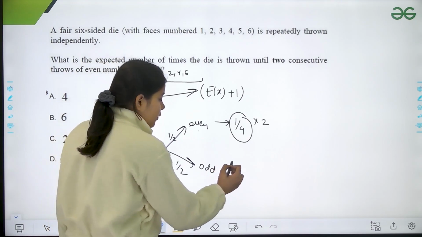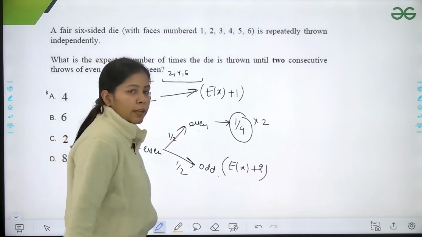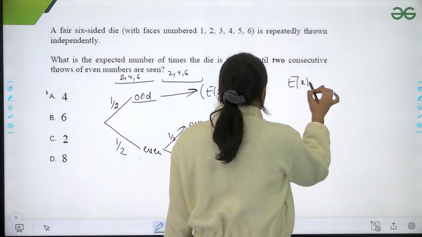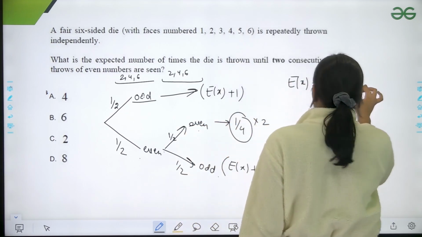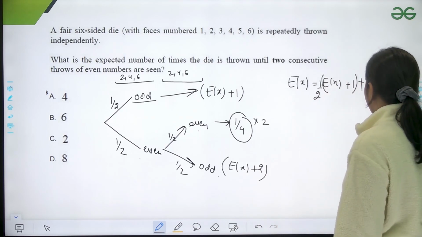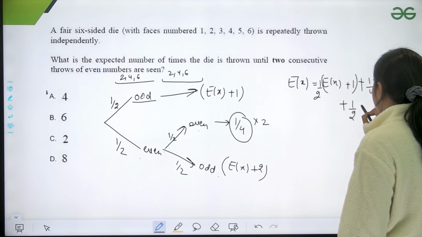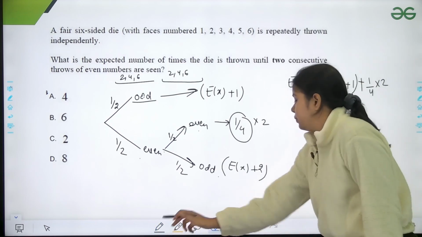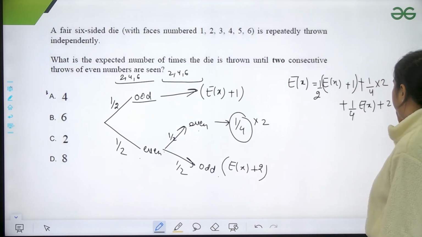This has probability 1 by 4, and because I have used two steps, it would be expectation of x plus 2. So my expectation of x becomes 1 by 2 into (expectation of x plus 1), plus 1 by 4 into 2, plus 1 by 4 into (expectation of x plus 2).